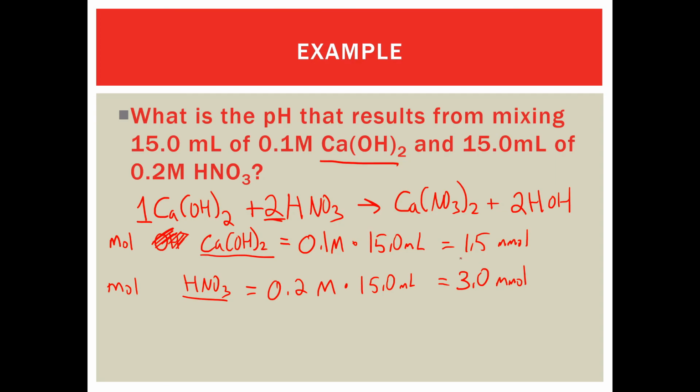Looking at our numbers, we have 1.5 millimoles of calcium hydroxide and 3.0 millimoles of nitric acid. So our end result is we have enough of everything. Now, some people are like, well, is that true? Let's expand this problem a little bit.